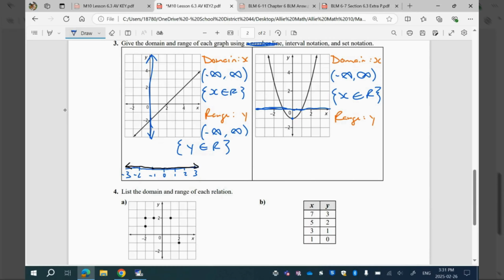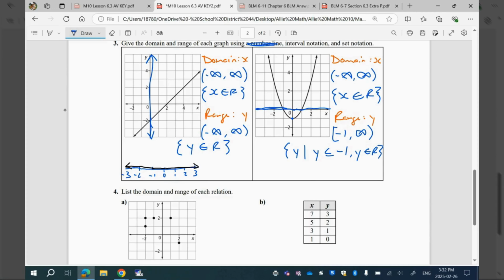So our lowest point is going to include -1 and go up to positive infinity. But it won't ever reach positive infinity, so we use the round bracket. And when we do our set notation, we can do our squiggly line. Y is an element of, it's going to be y is, let's say, greater than or equal to -1. And y is an element of all real numbers, like that.